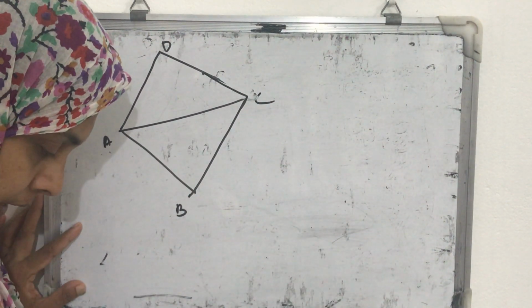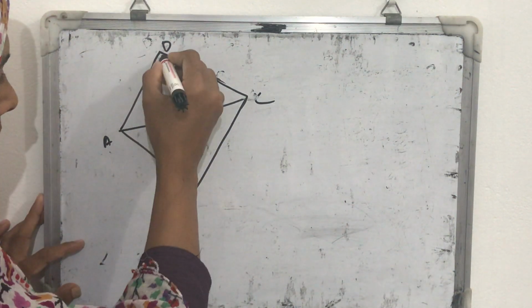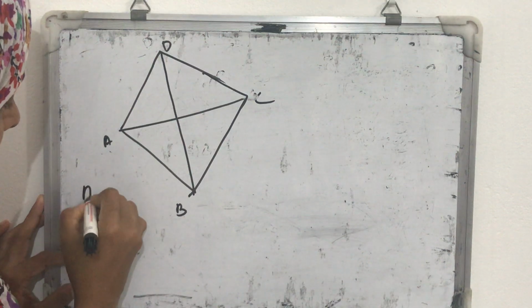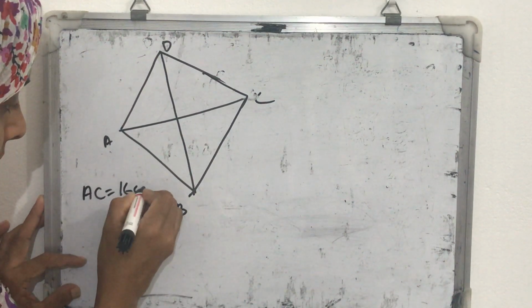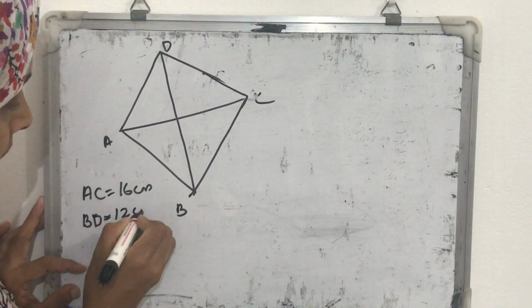The length of AC is given as 16 centimeters and BD is given as 12 centimeters.